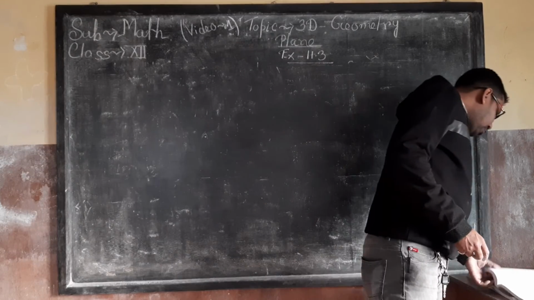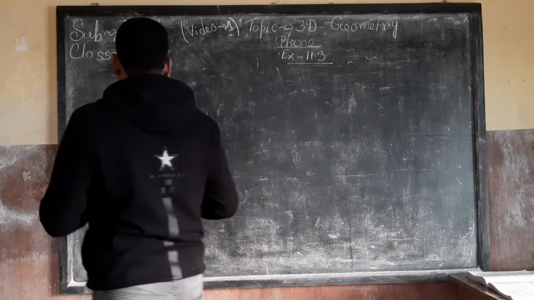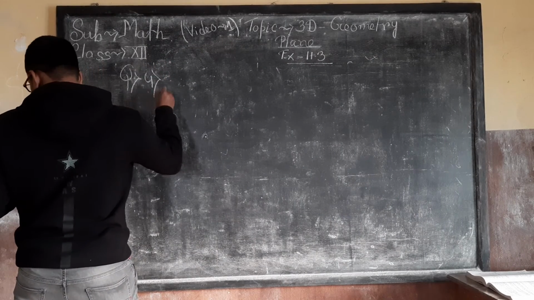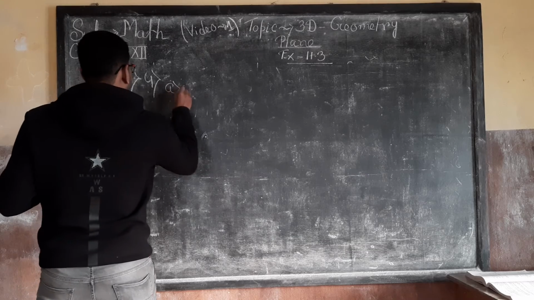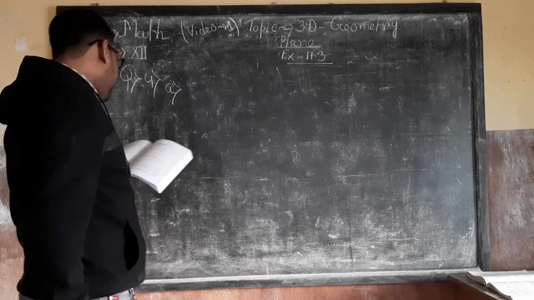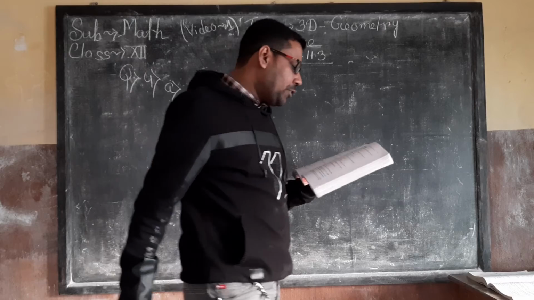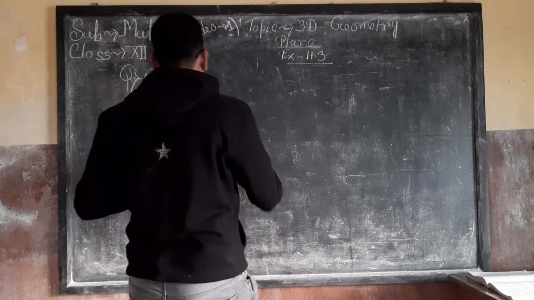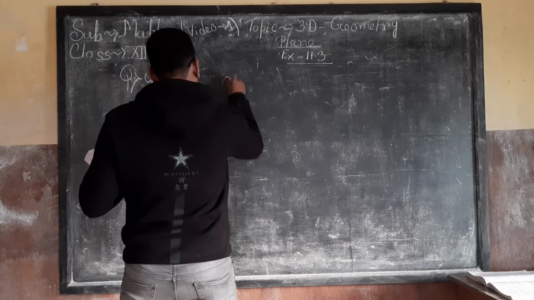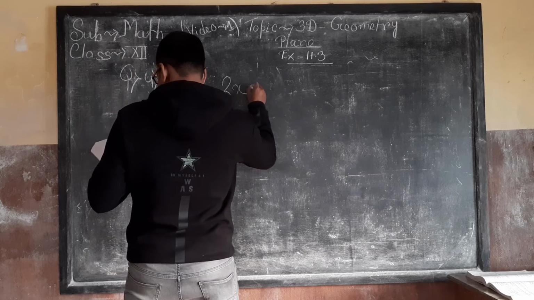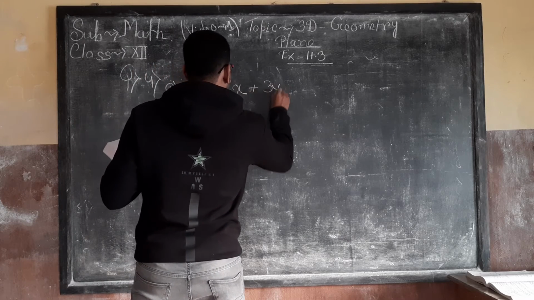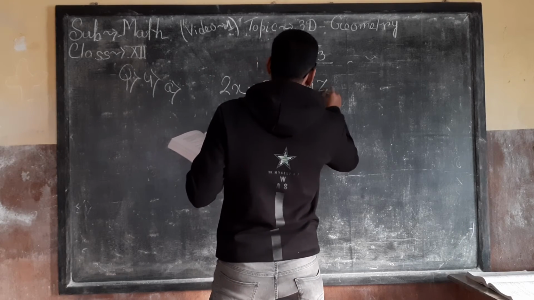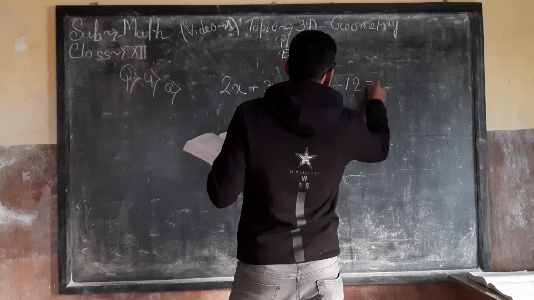And question number 4A. In the following cases, find the coordinates of the foot of the perpendicular drawn from the origin. So the given equation is 2x plus 3y plus 4z minus 12 is equal to 0.